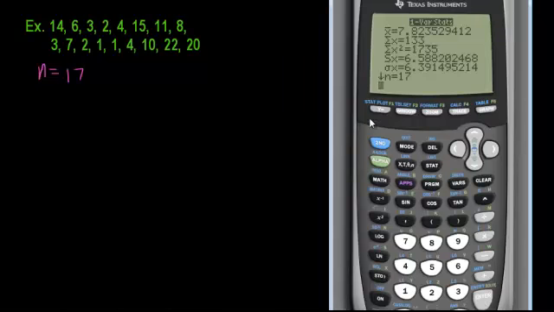Okay, these are the 1-variable statistics from my data set, and what we're looking for here is our 5-number summary. Notice the arrow is saying there's more information. I don't see my 5-number summary there, so I'm going to tab down, and here we're seeing now the minimum X, Q1, the median, Q3, and the maximum X value.